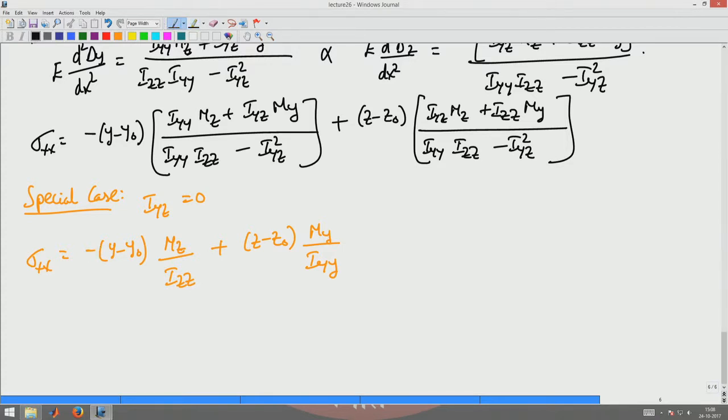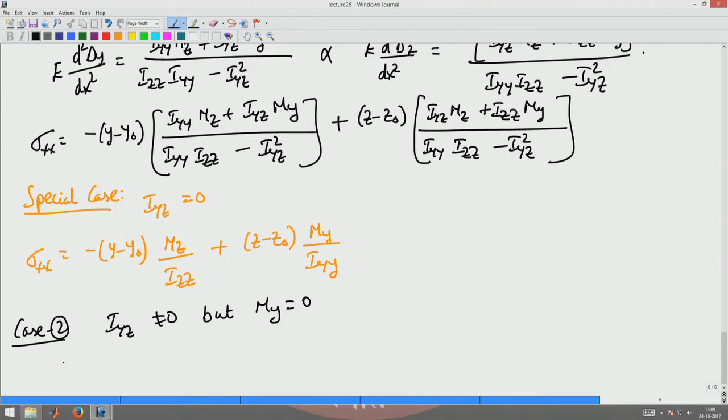The second special case that we are going to consider is when there is moment only along one direction. Case 2: I_yz is not equal to 0, but M_y is 0. I applied a moment about only one direction, but I did not apply it about the principal direction.